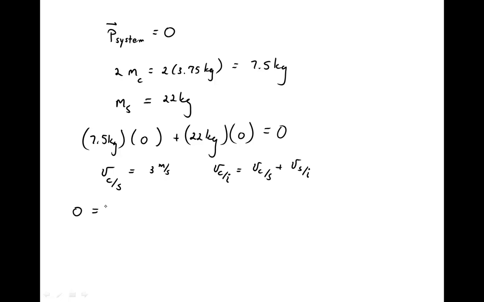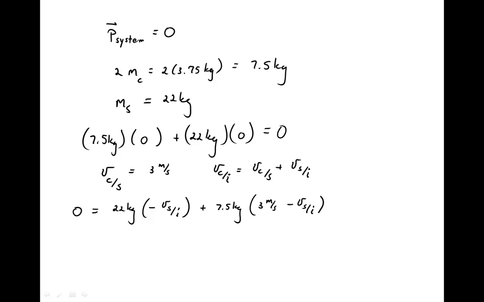That's equal to 22 kilograms times minus the velocity of the sled with respect to the ice, because keep in mind the sled's going to move left, plus 7.5 kilograms times the velocity of the cat with respect to the sled, which is 3 meters per second to the right, plus the velocity of the sled with respect to the ice, but that's minus V_s with respect to the ice. All of that's equal to 0.